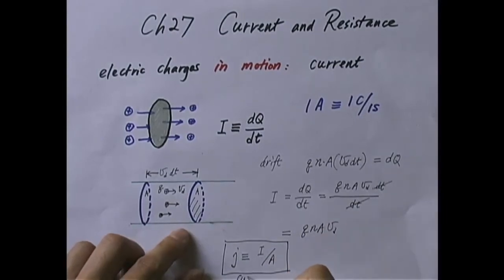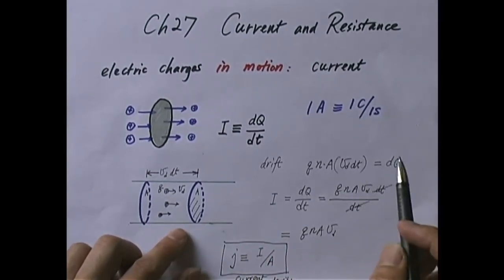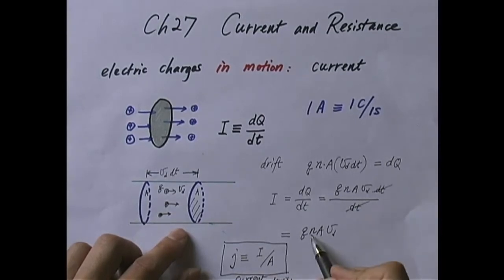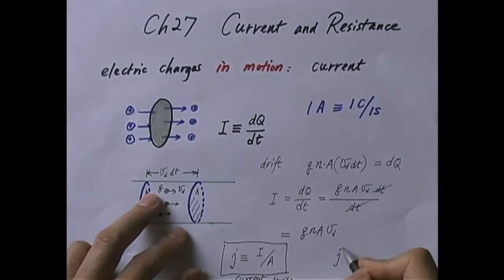Now the current density can vary from point to point, but if we're looking at a certain point where the local number density of charge is n and the local drift velocity is Vd, then one can easily say that for that particular location we have J equals Q N Vd.